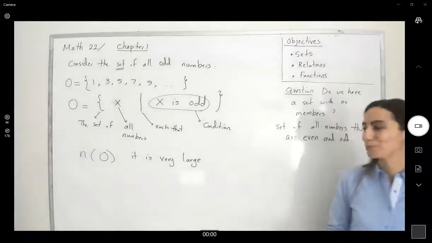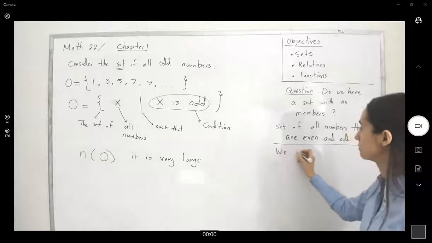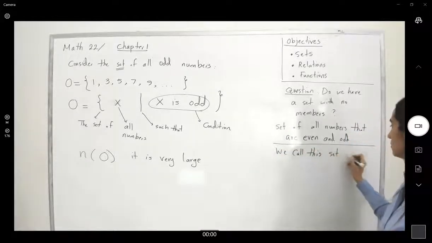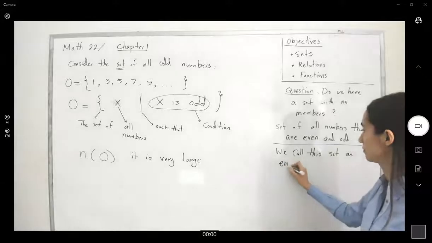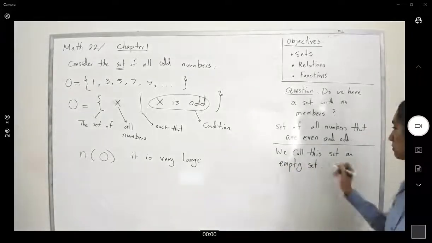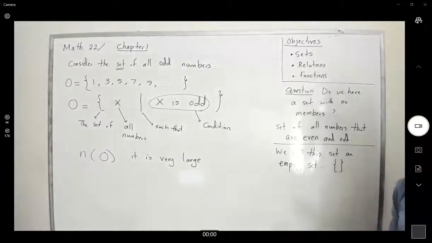The answer is no. We call this set an empty set. How do we denote that? We usually just write two curly brackets next to each other with no element inside, or we use this symbol. Empty set, empty set.